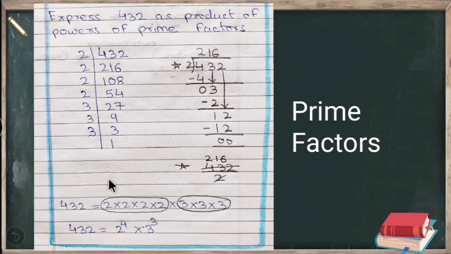So 432 is equal to, now here 2 is multiplied to itself 4 times, so we will write 2 into 2 into 2 into 2 as 2 raised to the power 4, and 3 is multiplied to itself 3 times, so 3 into 3 into 3 is equal to 3 raised to the power 3. 432 can be written as 2 raised to the power 4 into 3 raised to the power 3. So here we have expressed 432 as a product of powers of prime factors.